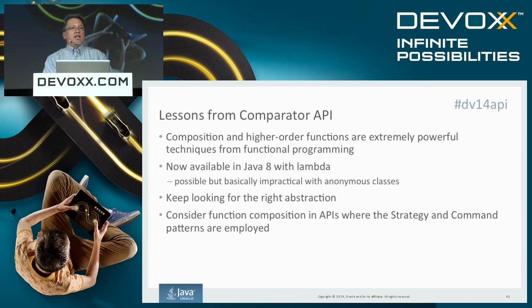And then if you have code that uses some of these behavioral design patterns, suppose you have some system that uses multiple strategies. Well, gee, you can think about if you had a bunch of really complicated strategies, maybe you could break those down into simpler strategies and figure out ways to combine them in a convenient way. And once you have lambdas, this becomes really easy.